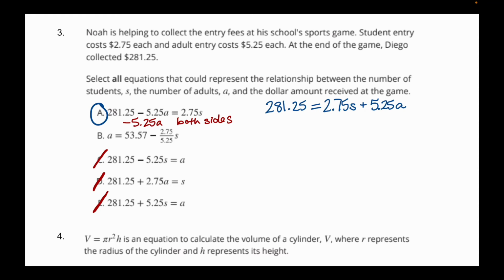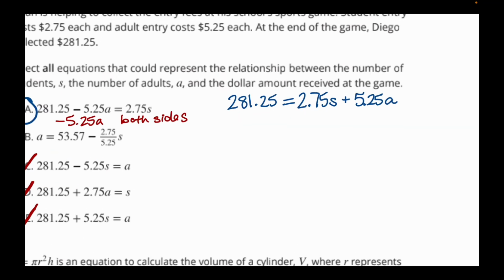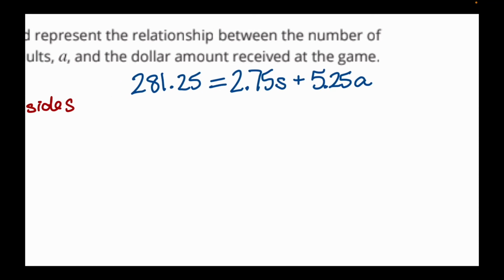But let's take a look at B. Now I could just try to reason through this, but it looks like they just solved for A. So I could take what I have here and walk through the steps of solving for A. So I think I'm going to do that. So I want to get A all by itself, which means I have to deal with this 2.75s, and then I have to deal with the coefficient.